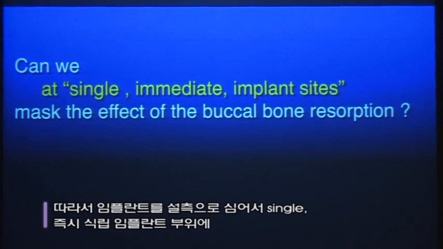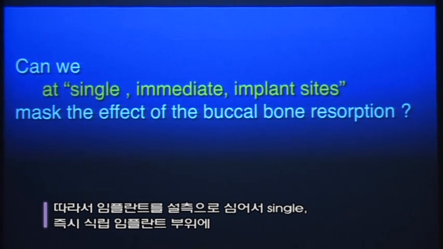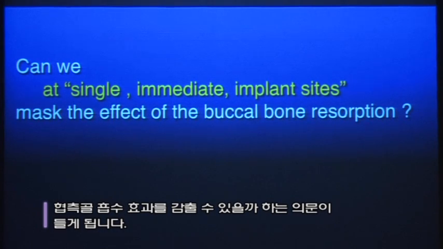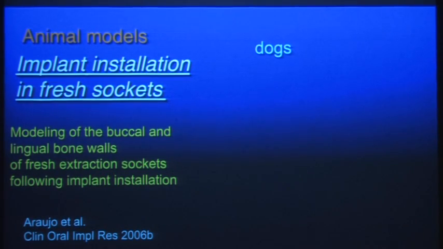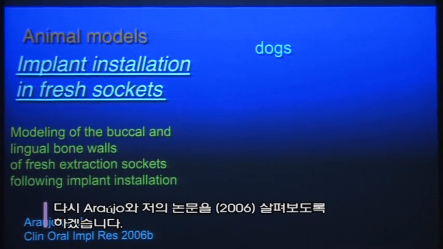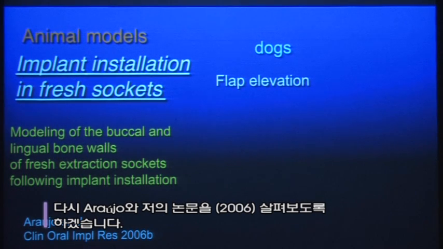So having seen this now, we ask the question, can we, at single immediate implant sites, mask the effect of buccal bone resorption by placing the implant in a lingual or palatal position in the socket? Well, this is again studied by Araújo and myself in dogs. We elevate the flap.